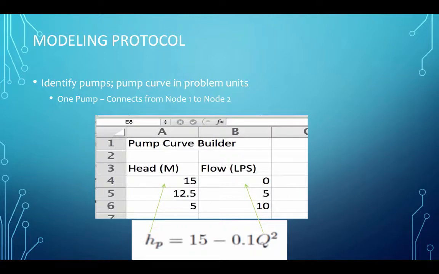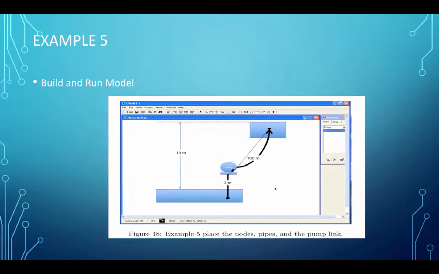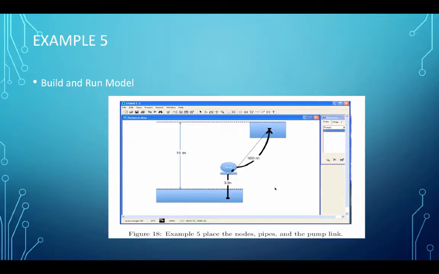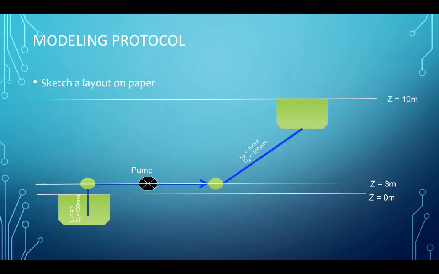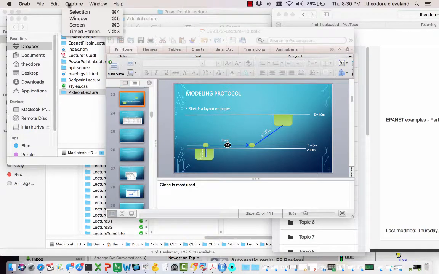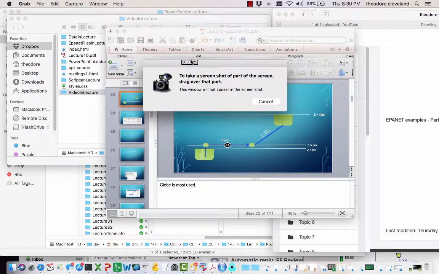Because we can't enter the pump curve directly, we'll just take 3 points off the curve, show them here, and then build and run the model, and we'll see what we get. So there's actually a picture of a screen capture of it right there. So let's go back to this picture, and let's just screen capture that as our base map. Capture selection.